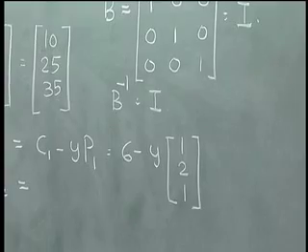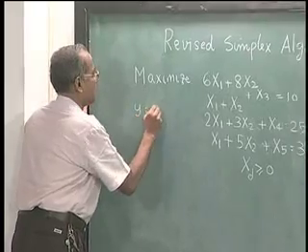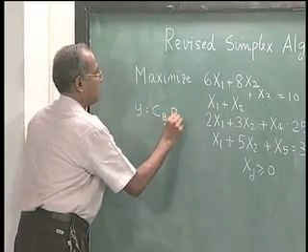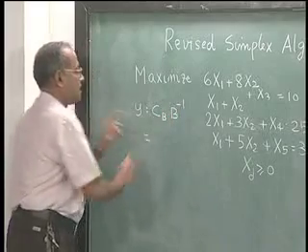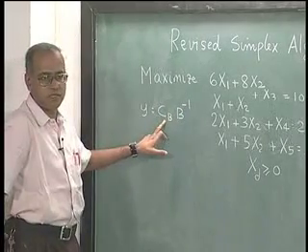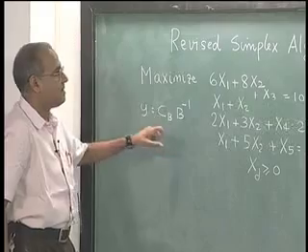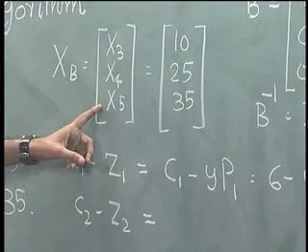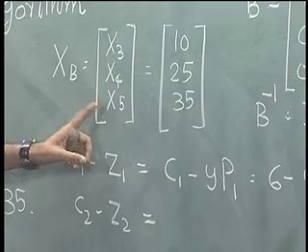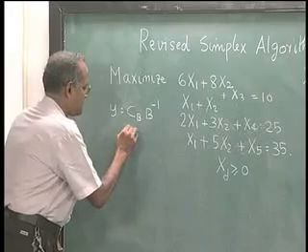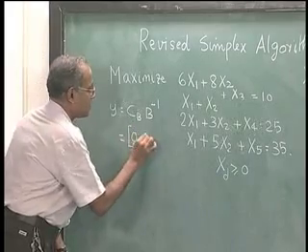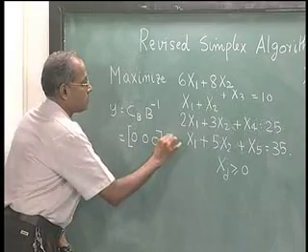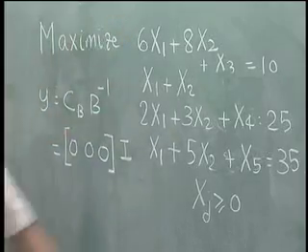Y is given by CB B inverse. CB is the objective function coefficients of the basic variables. The 3 basic variables x3, x4 and x5, all 3 of them are slack variables. So, CB is 0 0 0, into B inverse, which is I, which we have shown here.